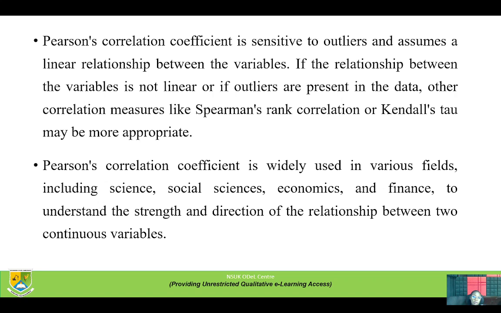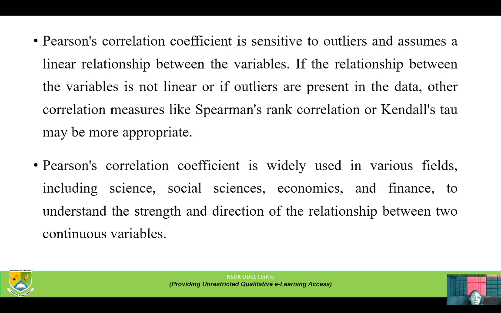Pearson's correlation coefficient is sensitive to outliers and assumes a linear relationship between the variables. Thus, even though there is no linear relationship, when outliers are present in a data set, the Pearson's correlation coefficient tends to assume there is a linear relationship because the outliers affect the result.